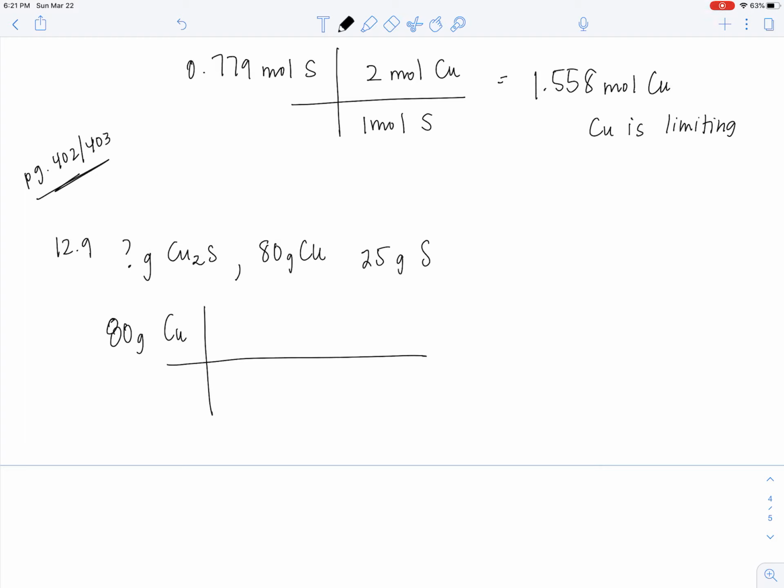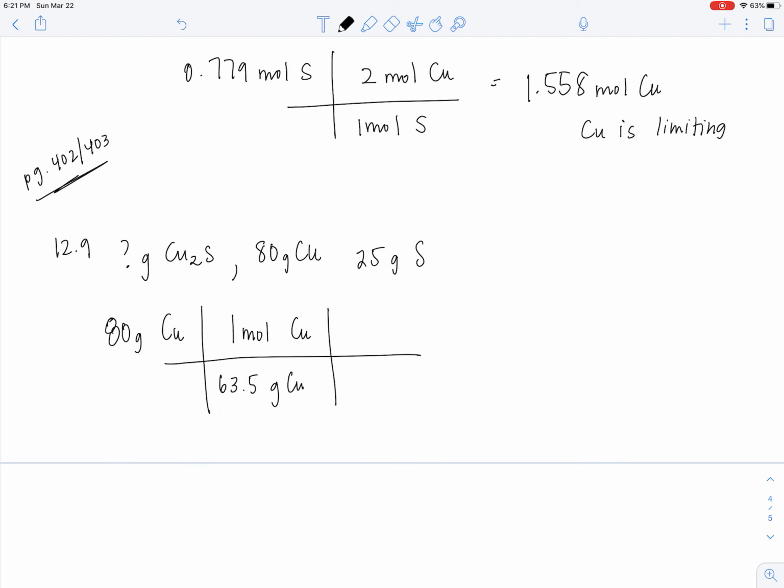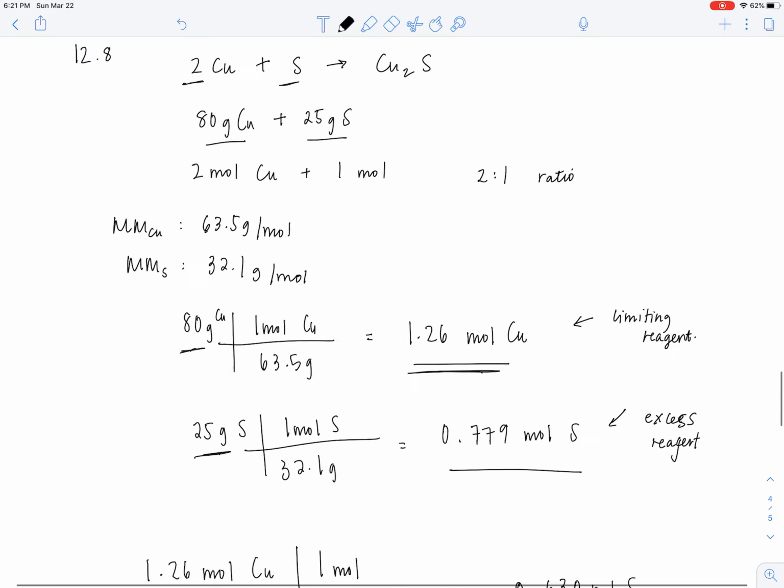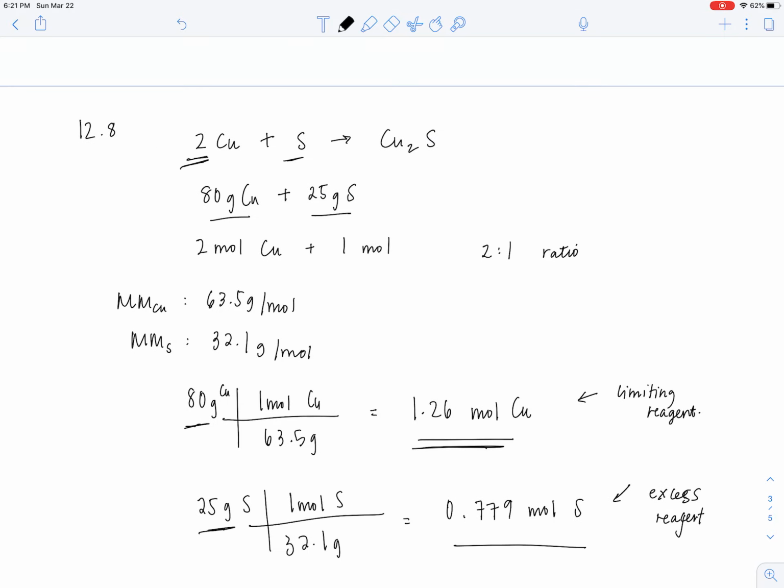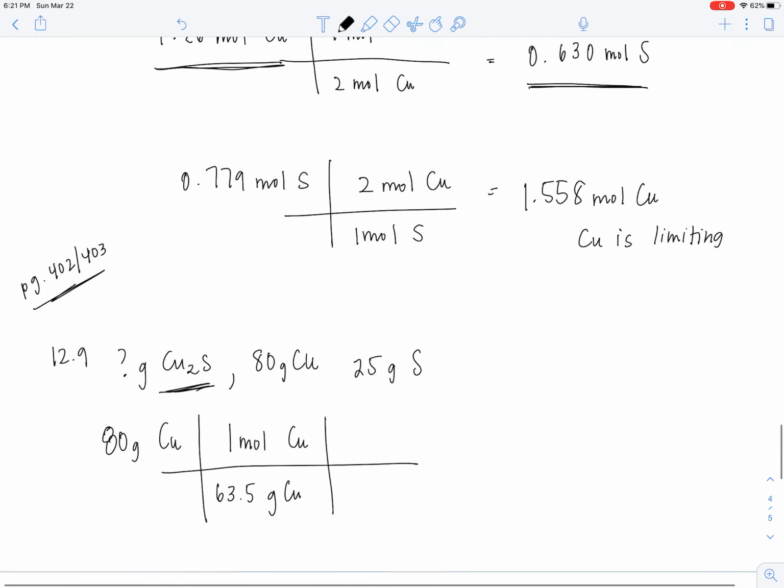I'm just going to go back and do what we did before, converting it like a normal stoichiometry problem. 1 mole of copper. And I'm trying to get to copper sulfide. This is my step 2, figuring out, I'm going from copper to copper sulfide.